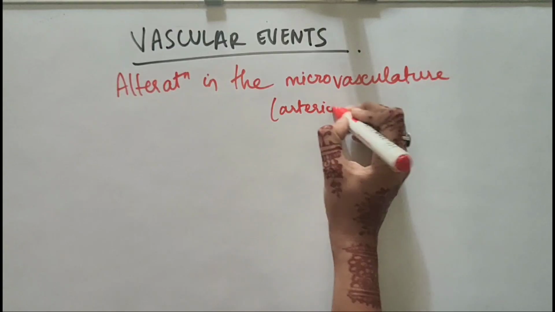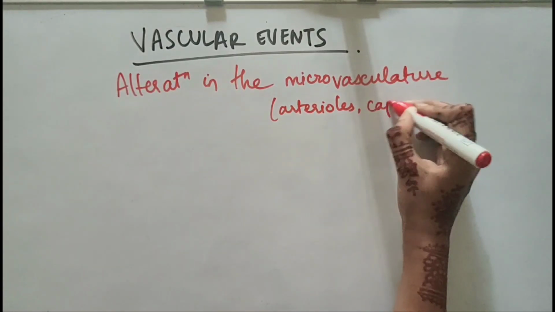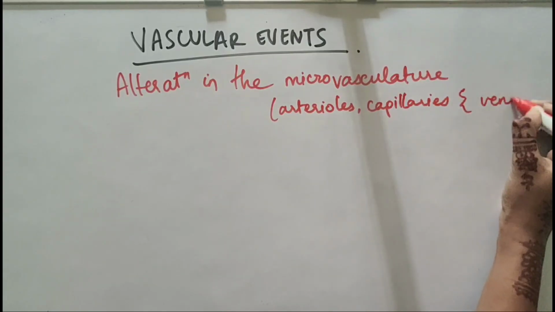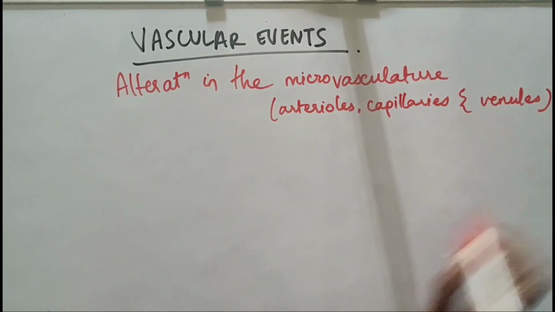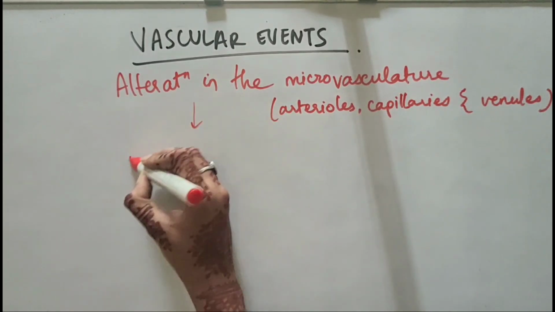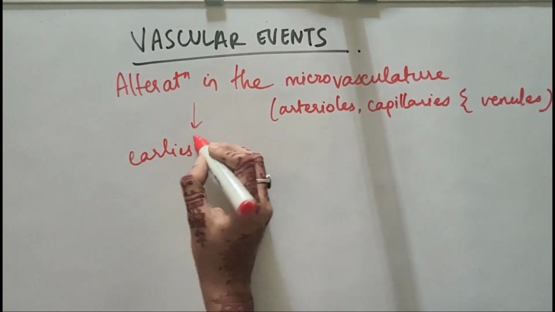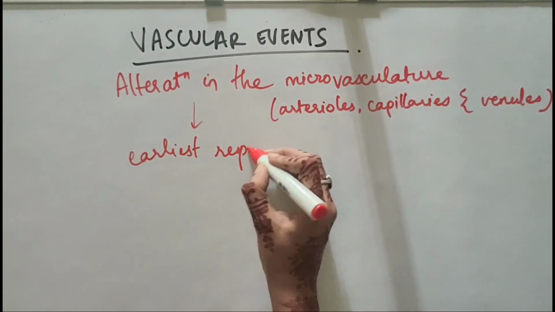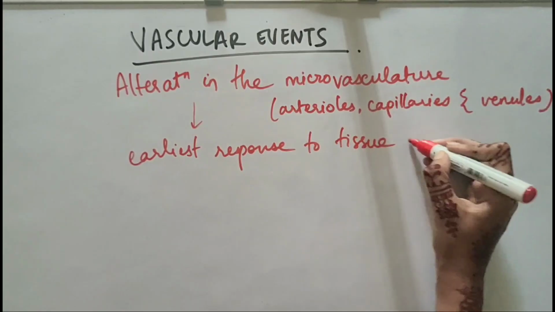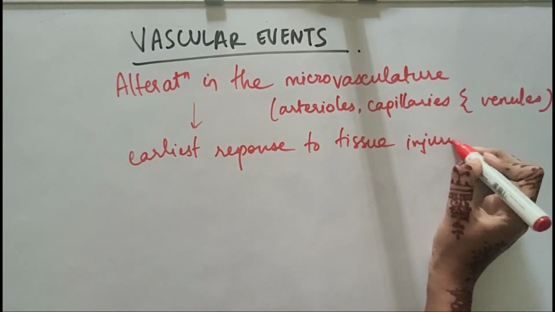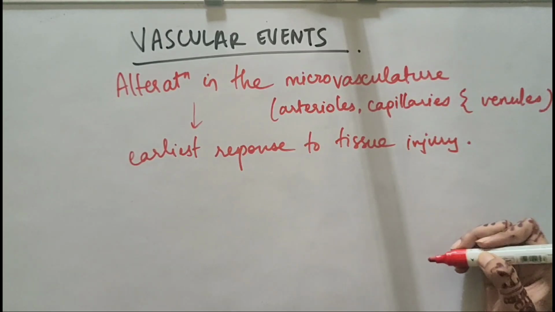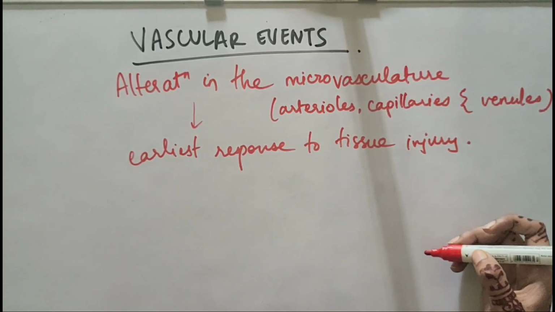Arterioles, capillaries and venules. So alteration in the microvasculature is the earliest response to tissue injury. As I said, in case of any injury or infection, the very first thing that happens are at the blood vessel level.